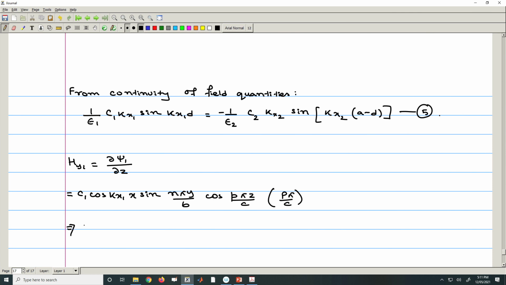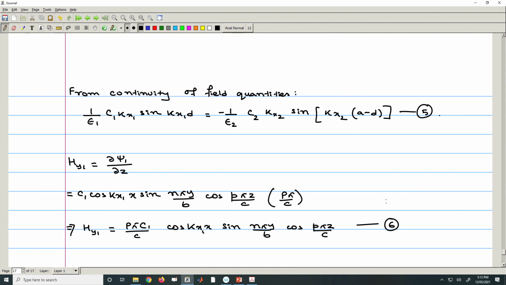Therefore, h y 1 can be written down as p pi c 1 upon c cos of k x1 x sin n pi y upon b cos p pi z upon c. Okay, let us denote this as equation number 6. So, we have now hy1 with us.